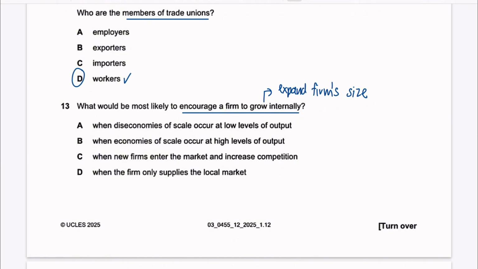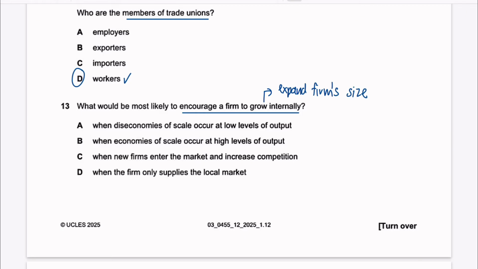Or third, they can enter new markets. For example, they can export their products to other countries. Okay, so the three ways that I stated just now increase their revenue and their productivity, so overall contribute to the expansion of their firm.